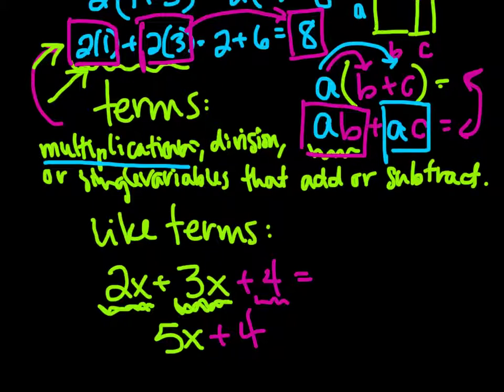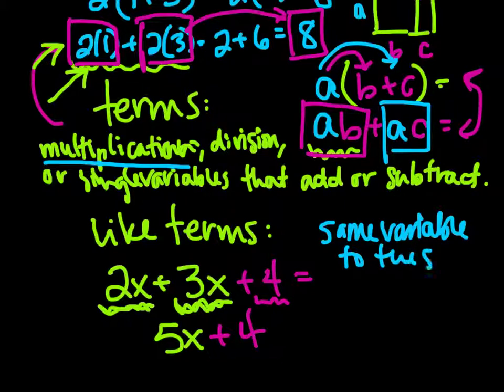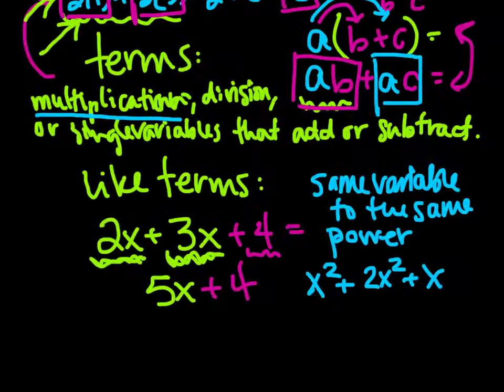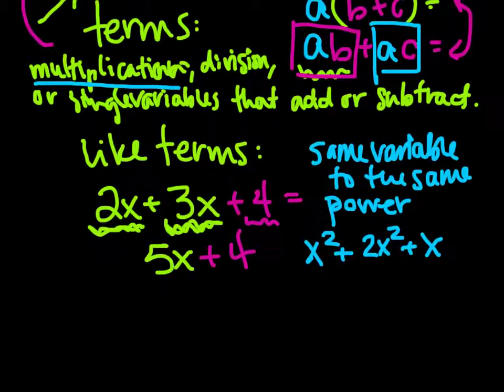So when I see like terms, I often will identify the terms that have the same variable to the same power. So what I mean by that, in order to add like terms, I would have to say I have x squared plus 2x squared plus x. My like terms within this statement are just the x squared and the 2x squared.